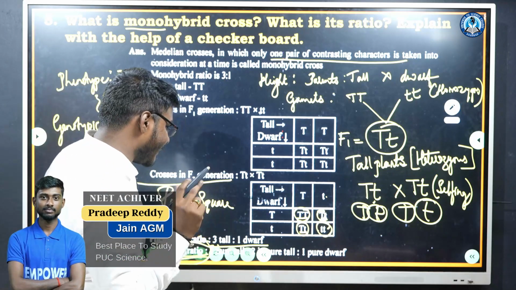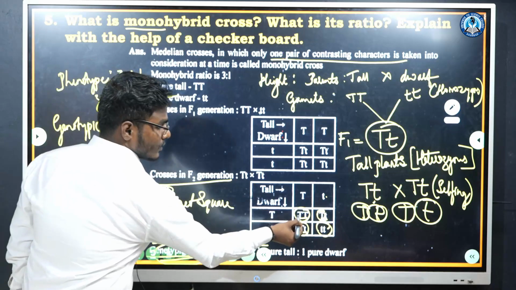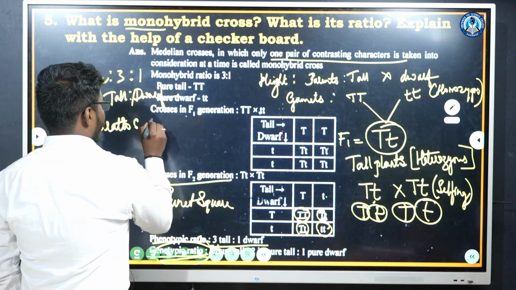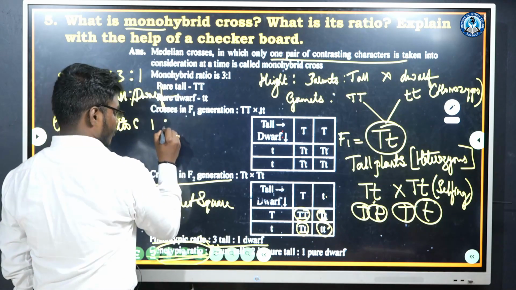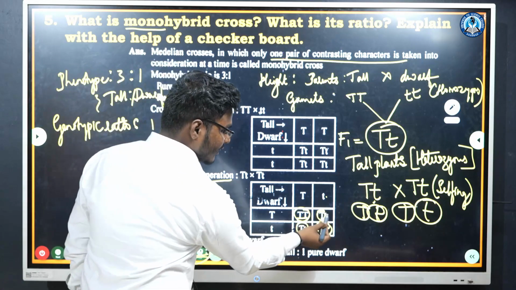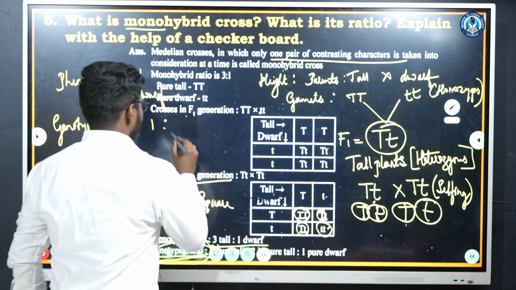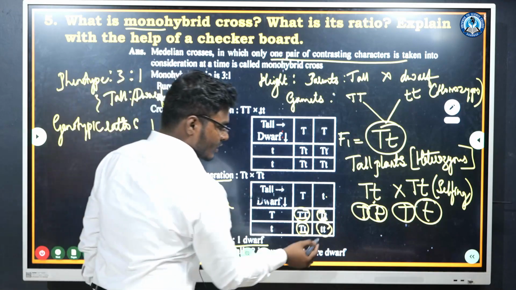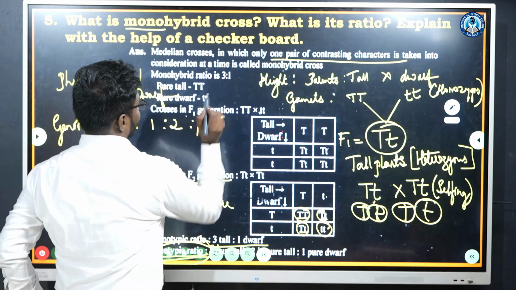It is one homozygous condition, that is capital T capital T, two capital T small t, it is 2 times, and small t small t, it is 1. So I am going to write it as 1.